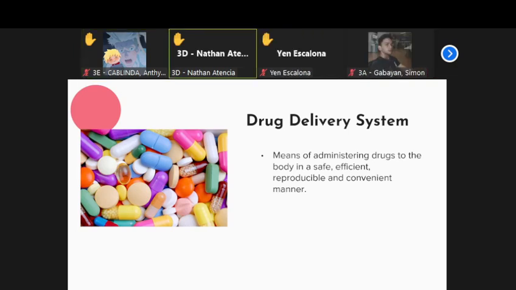Audible po ba? Yes, we can hear you. Akin, ma'am, kay mag-start talaga siya mismo sa manufacturing. I'm talking about the quality of the drug mismo, ma'am. Kay kung nadaot siya. But characteristic man, excuse me. I'm asking of the characteristics.